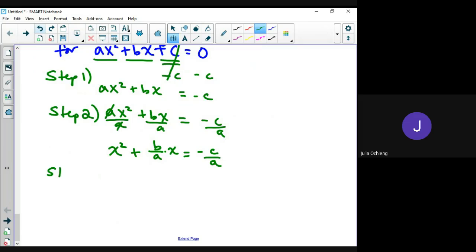Step 3, see if you can remember what it was and kind of start it, even if you get stuck. As much as you can remember. So hopefully you at least remember that the point of step 3 is you have to add something to the left-hand side to make this factorable.